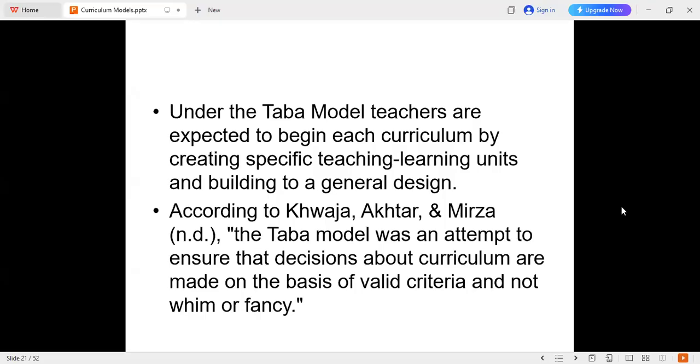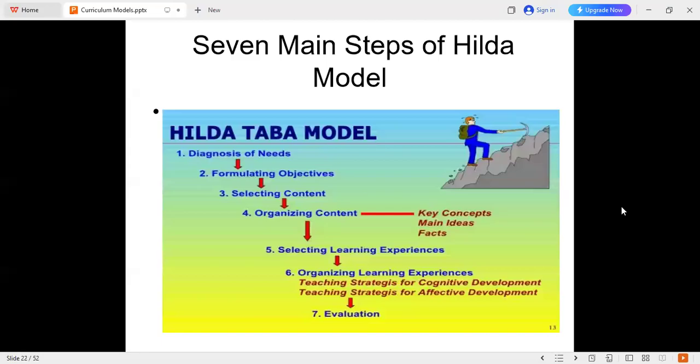The basis for curriculum development should be some valid criteria. Right. Now we can see 7 steps in the Hilda Taba model, but in the previous model, there were only 4. You can see one step is before the objectives.